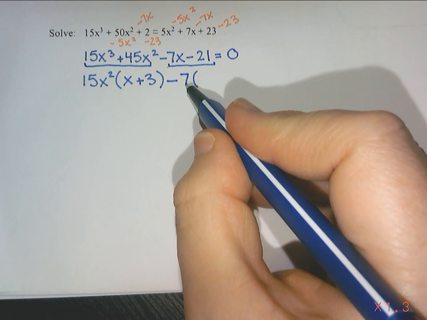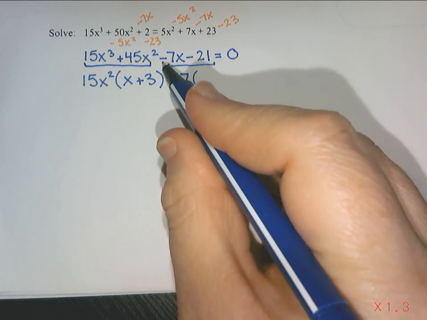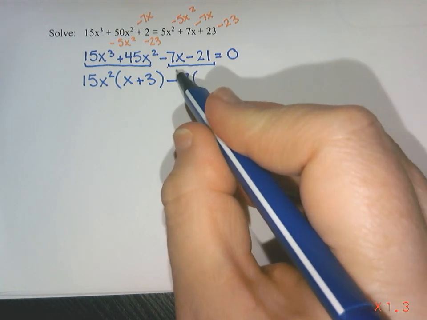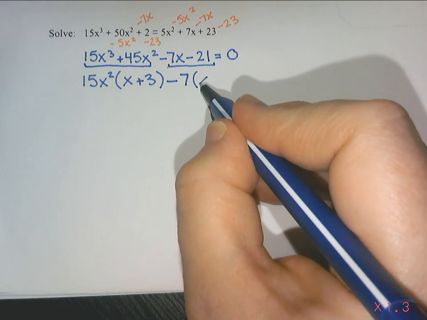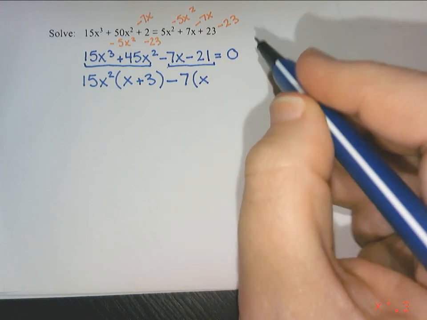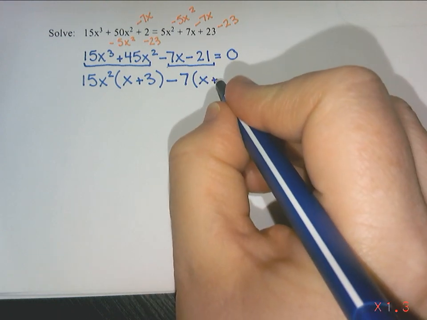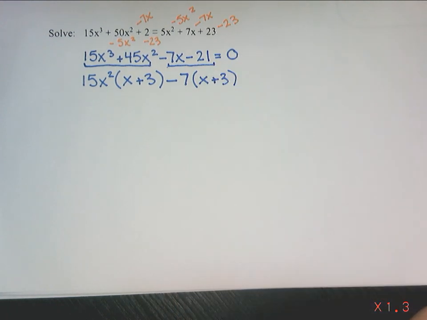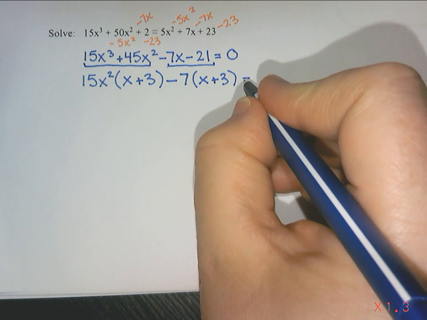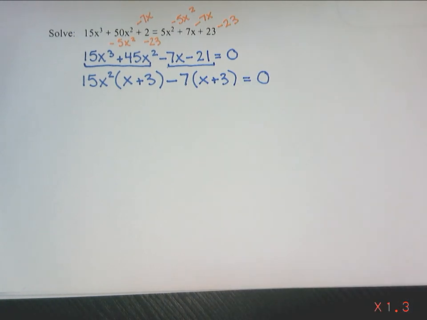I would need to multiply negative 7 by x to get negative 7x. And I would need to multiply negative 7 by positive 3 to get negative 21. And then on the other side, it is still just a 0.